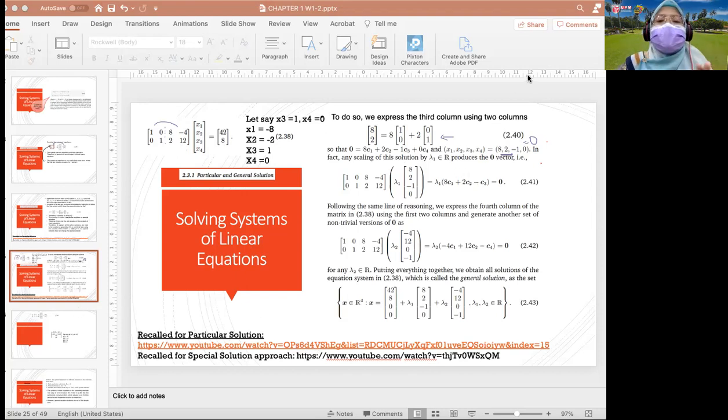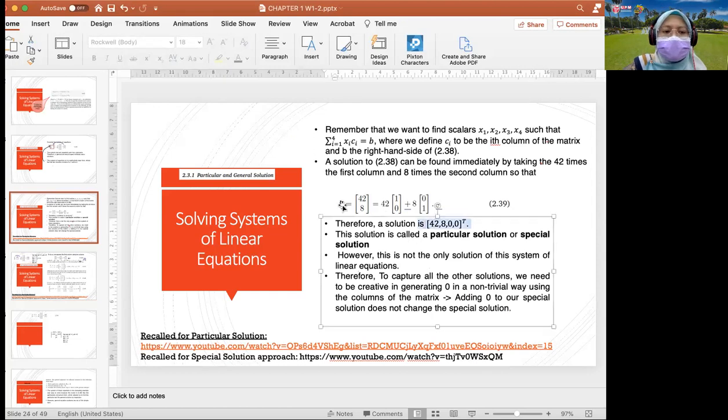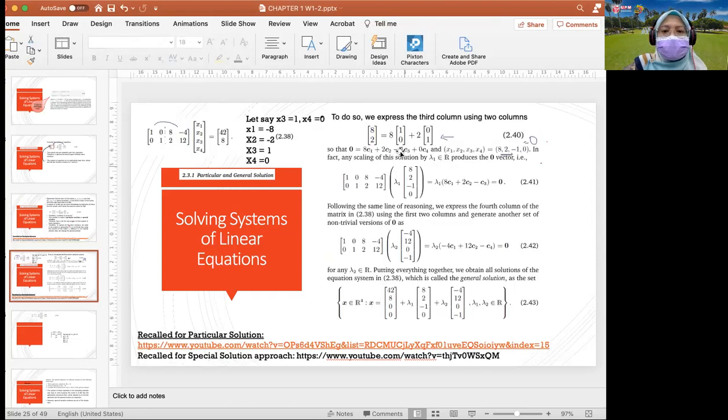Alright, so now we have basically three solutions. We have the special solution just now, and we have these solutions with a scalar.